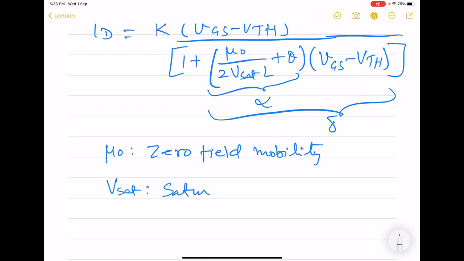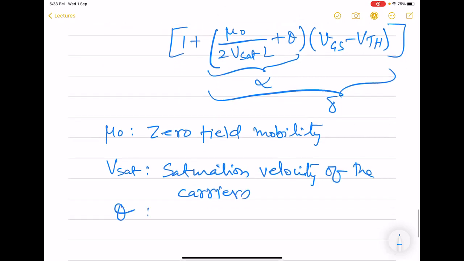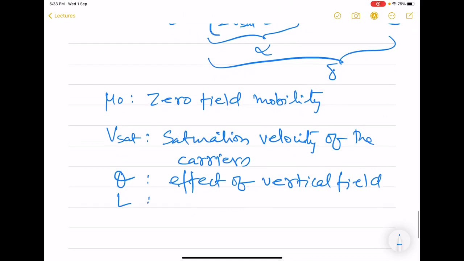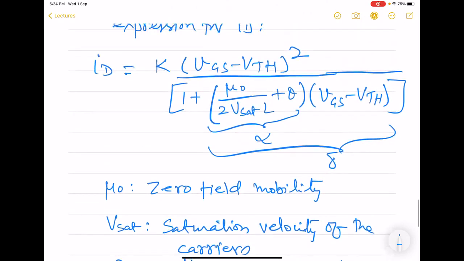This is the saturation velocity of the carriers, and theta. This accounts for the effect of what is called vertical field. And L is channel length. And other quantities are known: threshold voltage and gate to source.